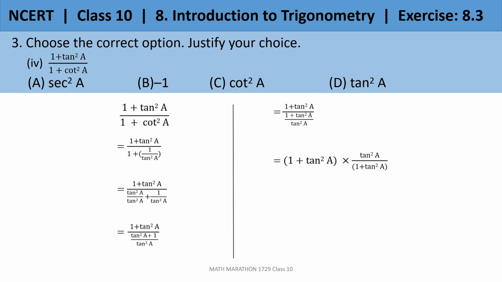In the numerator and denominator, we have 1 plus tan square A. We can cancel out 1 plus tan square A, and the result is tan square A.